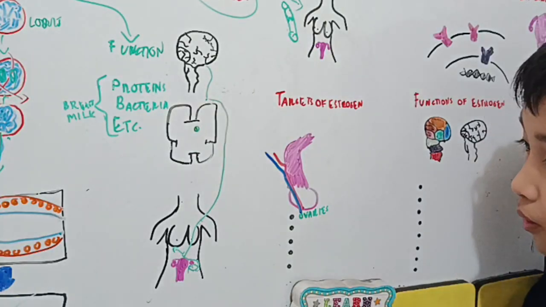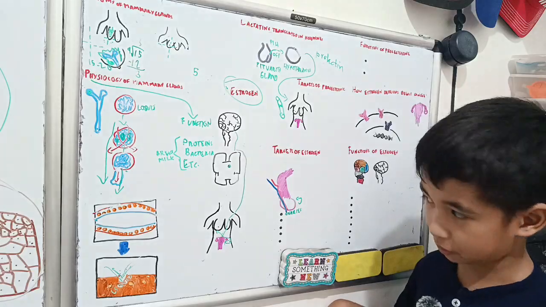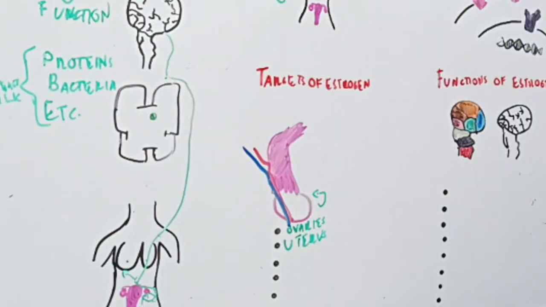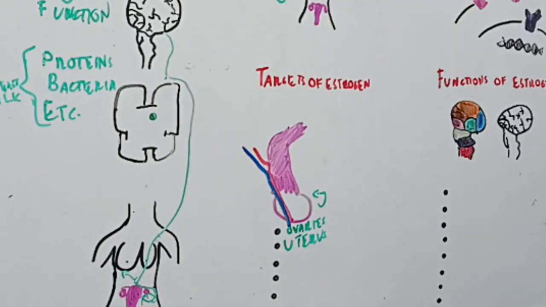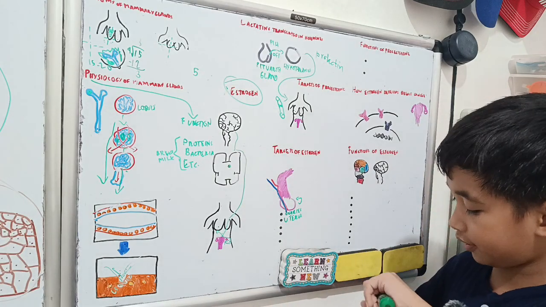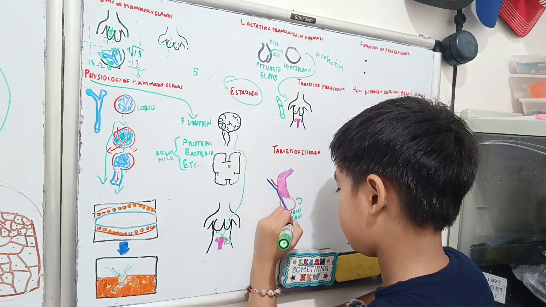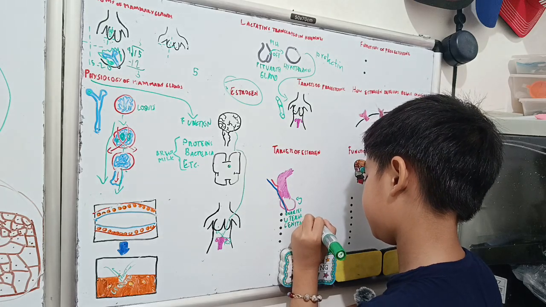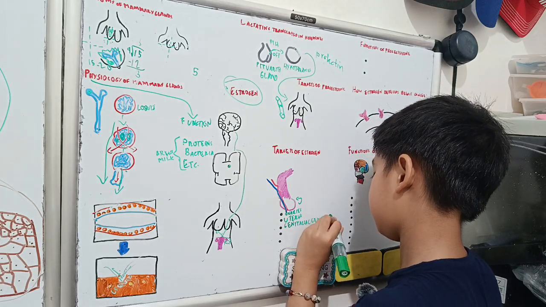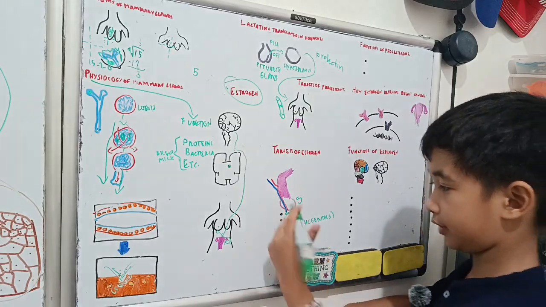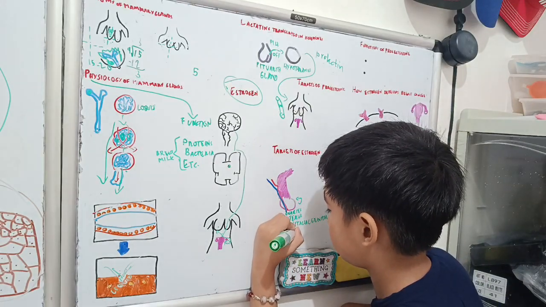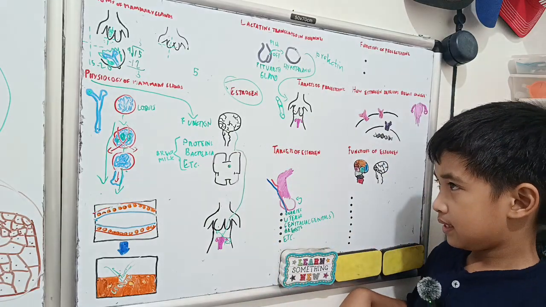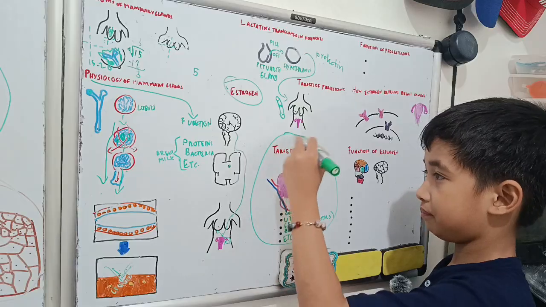Why? Well, it just develops for egg maturation, and then the uterus. Also the genitalia, or the genitals, and right here are the breasts, etc.